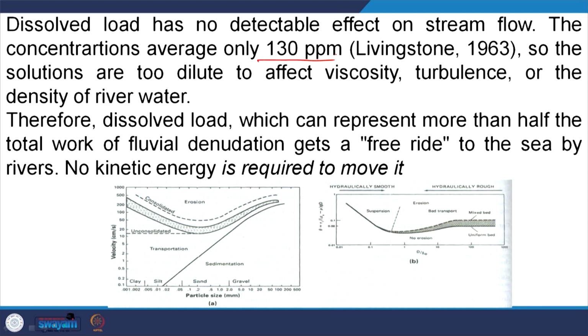No kinetic energy is required to move it. So, the dissolved load has negligible or no effect on river transport. Whatever dissolved salt is there gets a free ride from head to mouth of the river.